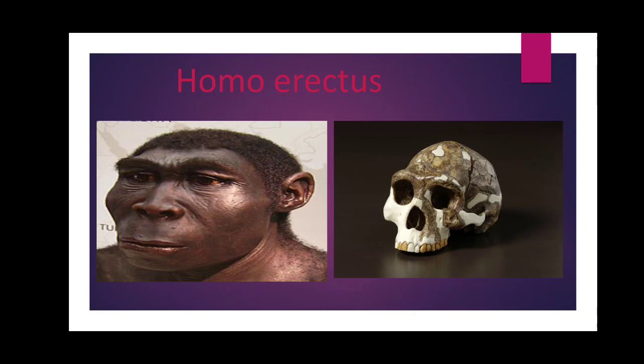Their forehead was receding, jaws were still projecting and the chin was absent. Their body size had increased to about 120 to 150 centimeters, about 5 to 5.5 feet. And their cranial capacity again increased from the Homo habilis, to around 800 to 1125 centimeters cube.